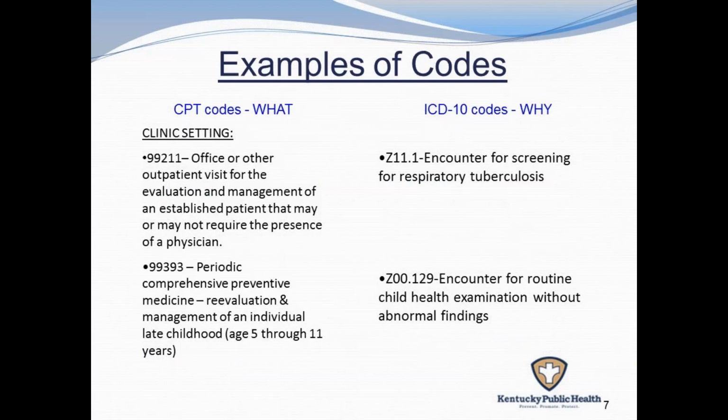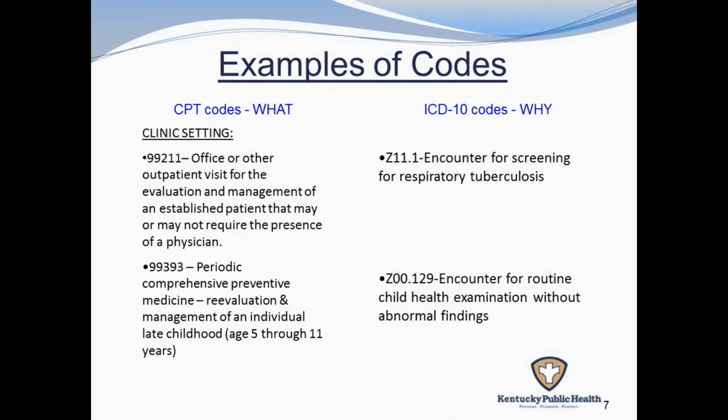I'll give you some examples of CPT codes and your ICD-10 codes. I'm sure everybody's pretty familiar with these. First one is, of course, a brief office visit. Second one there, CPT codes, is your preventive code. So that's age 5 through 11, because your preventives you're going to go based on age.